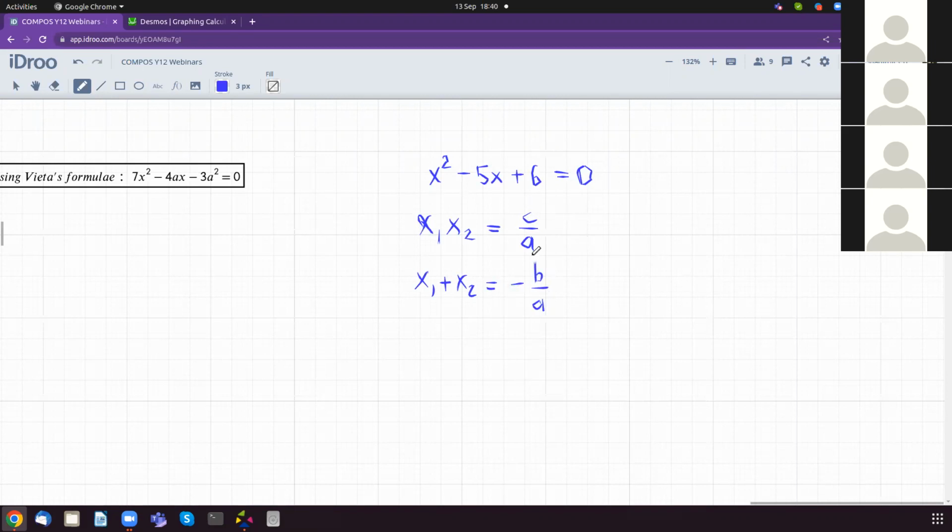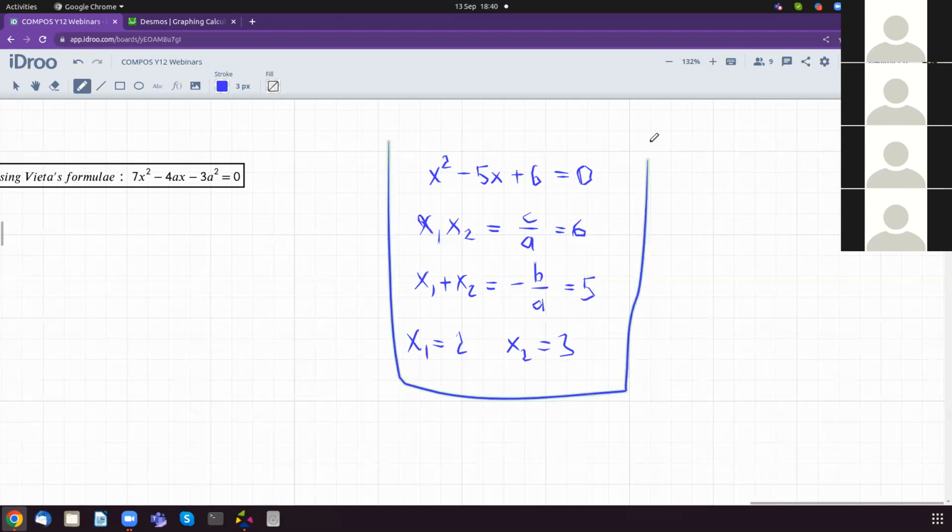So in this case, c divided by a is 6 over 1, so that's 6. And minus b, so minus minus 5 over 1, is 5. So all you need to do is find two numbers that multiply to 6 and add to 5. So x1 is 2, x2 is 3. So when I say solve an equation in your head, this is what I mean.